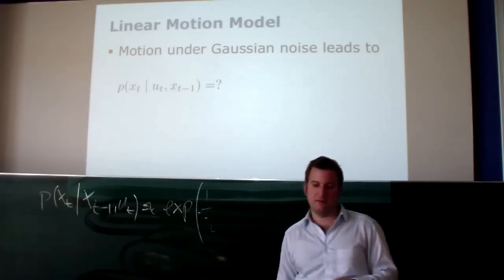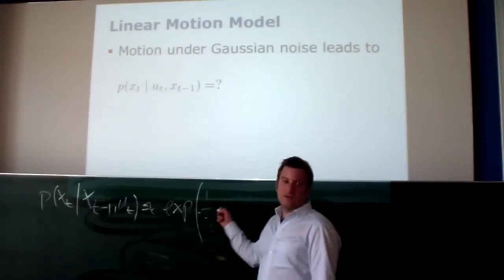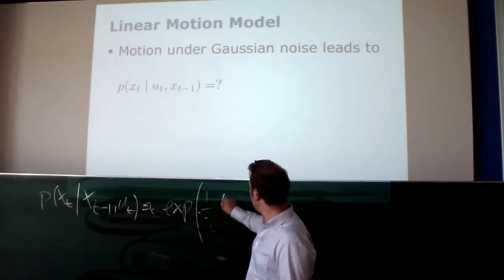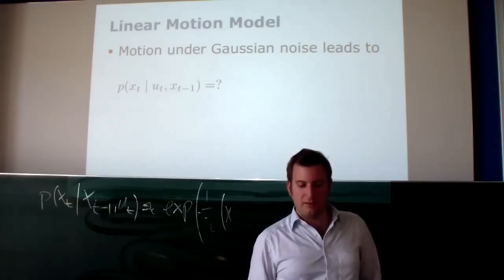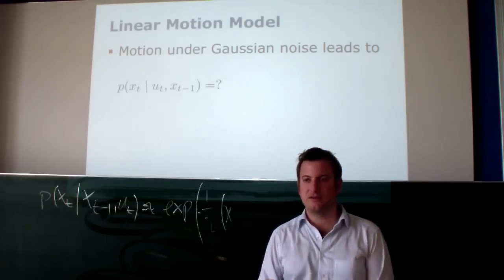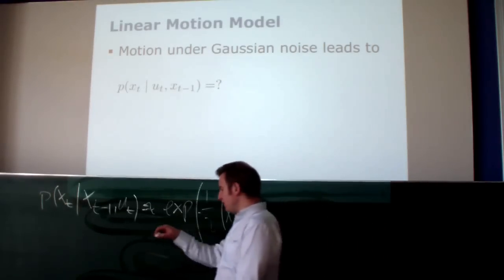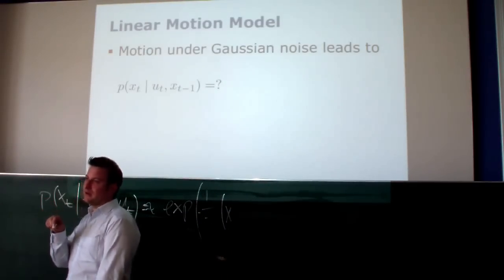Minus 0.5 in my Gaussian distribution. Typically I have here x minus the mean, where I'm estimated to be. So how would that look like? I've been somewhere, apply a linear motion, the equations we had before, where I'm going to end up.